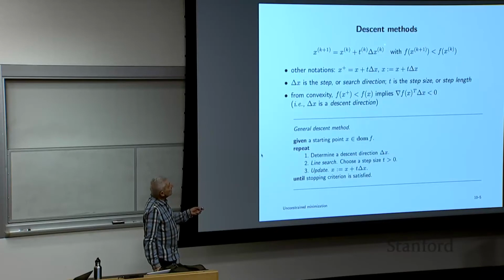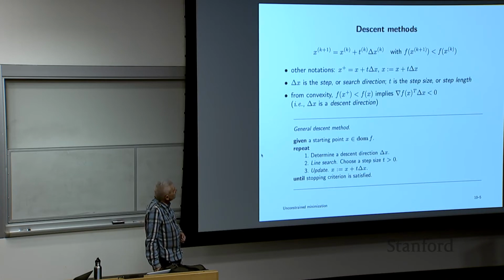Then you go in that direction, but with an amount that you choose, scaled by this factor t, which is positive. That's sometimes called the step size or the step length, even though it's not really the length unless the norm of the direction is equal to 1. But still people call it the step length or the step size.